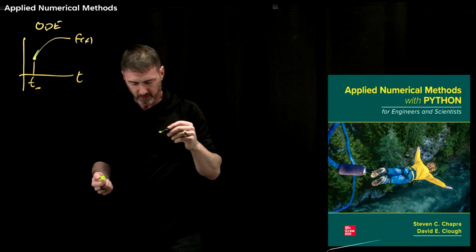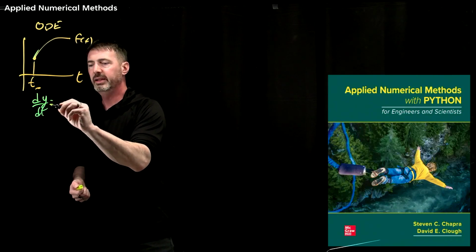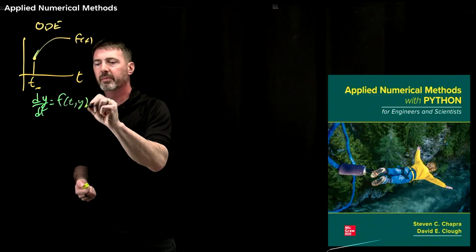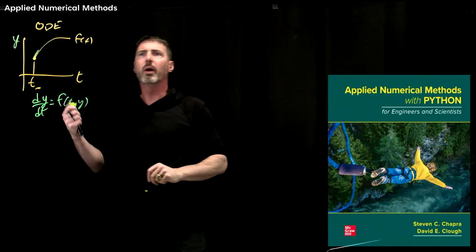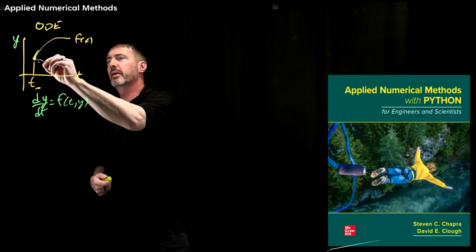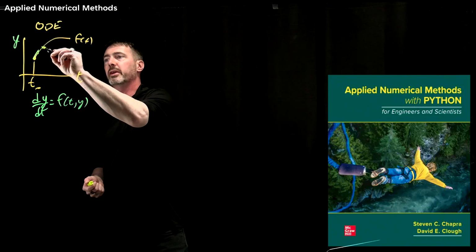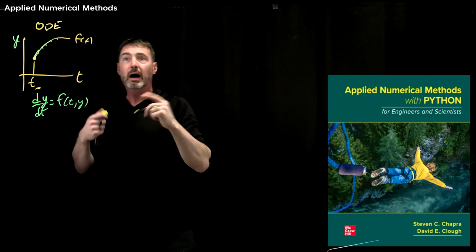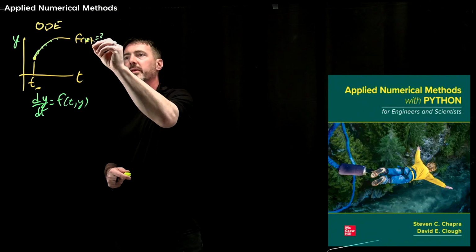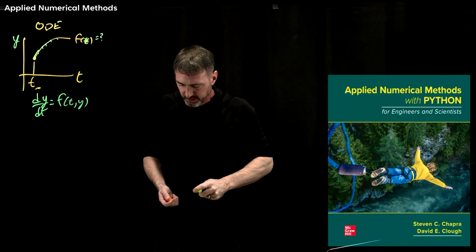A lot of times, we'll write this as dy/dt as some function of both t and y, usually because we're used to this being the y-axis and this being t. What's known at every point is the slope, and you have to basically integrate your way forward to figure out y. You actually don't know this; this is now a function of t, the variable, that is unknown.